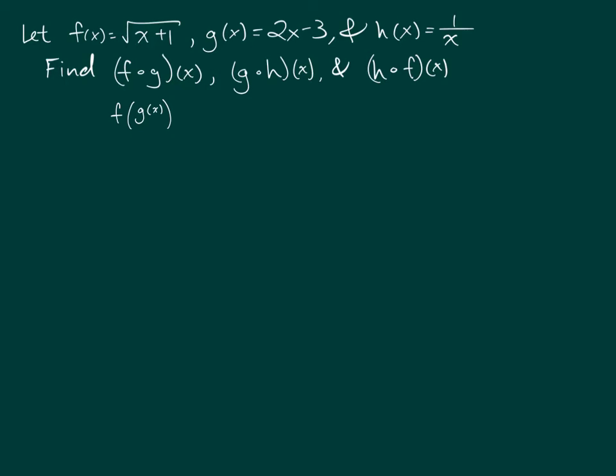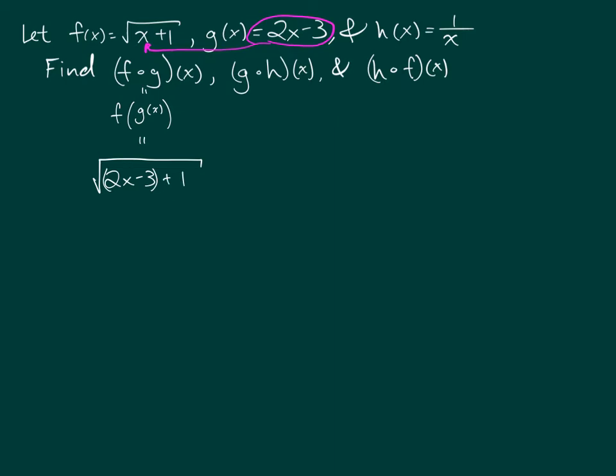So how you can think of this is, I want to put 2x minus 3 in for this x right here. So what that looks like is that this will be equal to the square root of 2x minus 3 plus 1.